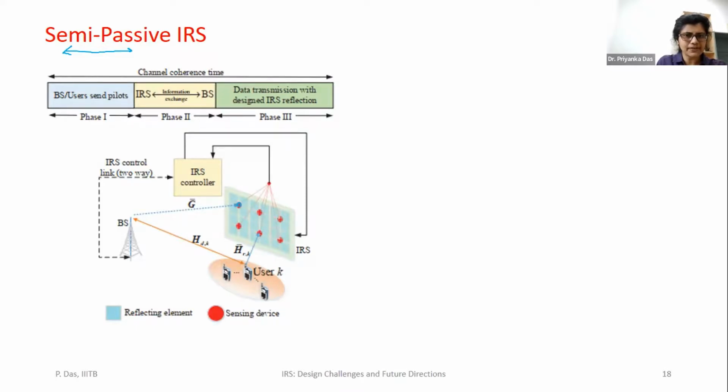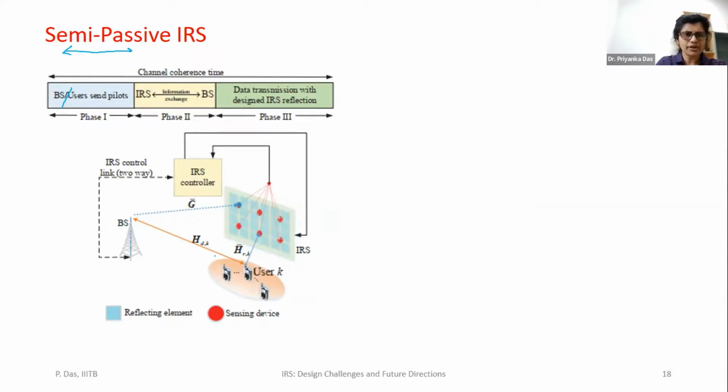Only the sensing elements will be on, and they will get the pilot signals from the base station. Using a pilot signal based channel estimation scheme, they will estimate the channel of BS to IRS and also user to IRS. If it is downlink, BS to IRS; if it is uplink, user to IRS. That's why the oblique is there.